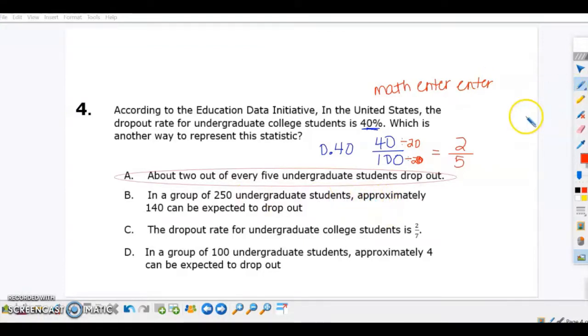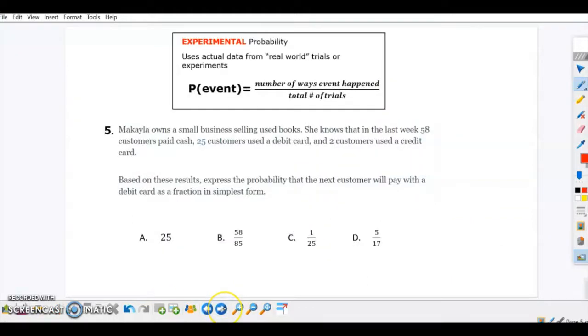For letter B, you could reduce 140 out of 250 to see if that is equal to 0.4 or 2/5, but it would not be. 2/7 is obviously not equal to those. And letter D, 4 out of 100, is also not equal to 2 out of 5. That's far less.